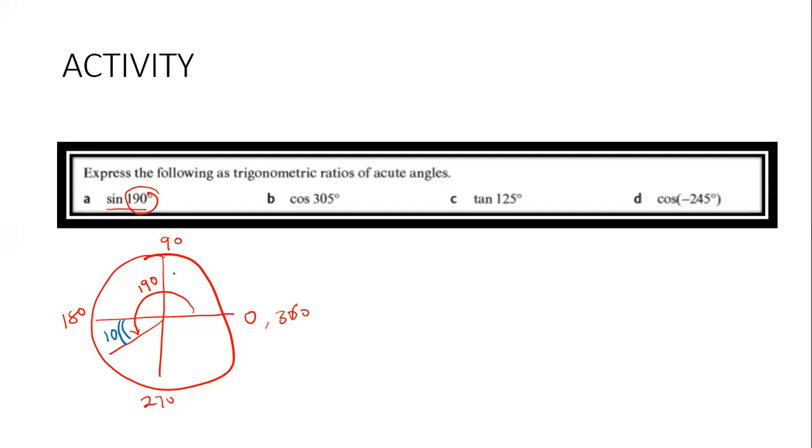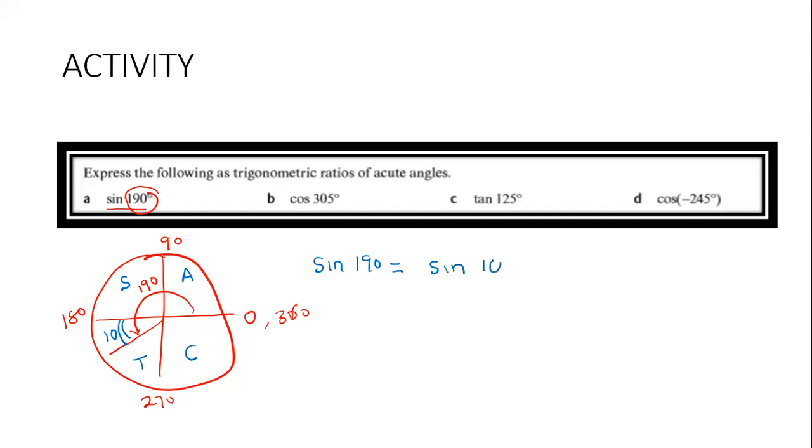Then the next question you ask: in the first quadrant, all the trigonometric ratios are positive. Second, only sine. Third, tan. Then you'll have cos. Then you ask yourself, what do we want to find? It is sine 190. So that means that sine 190 is equivalent to sine of which angle?